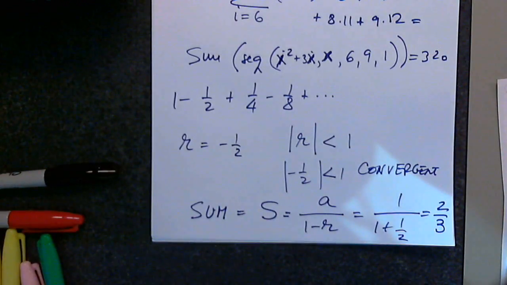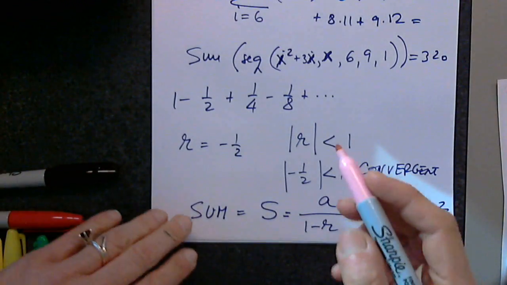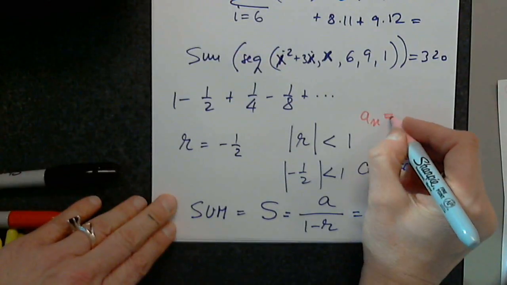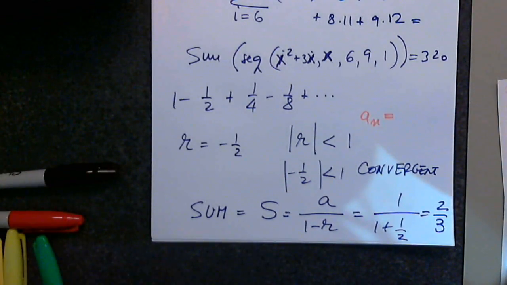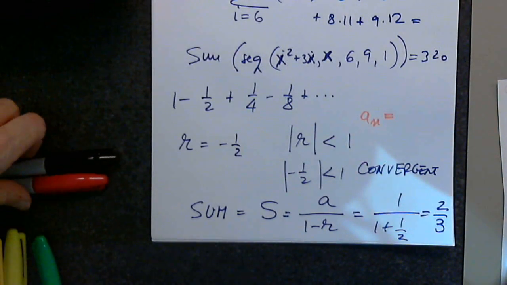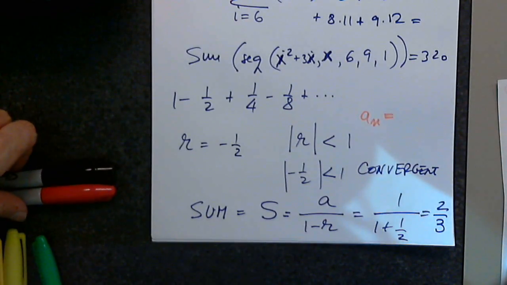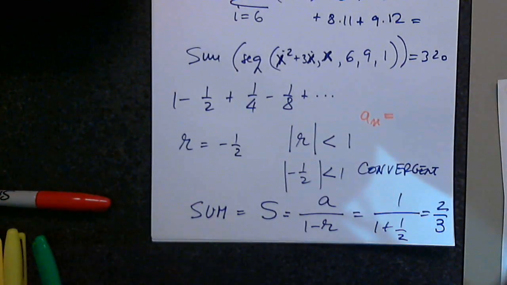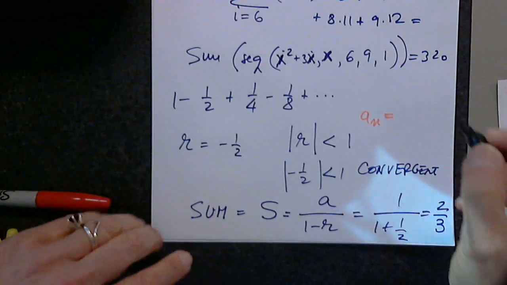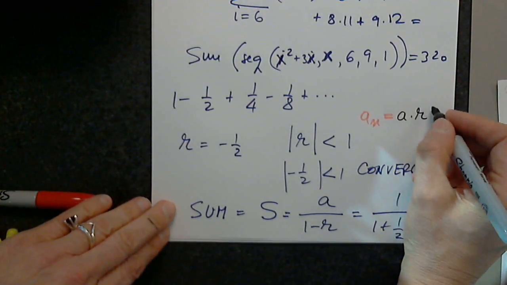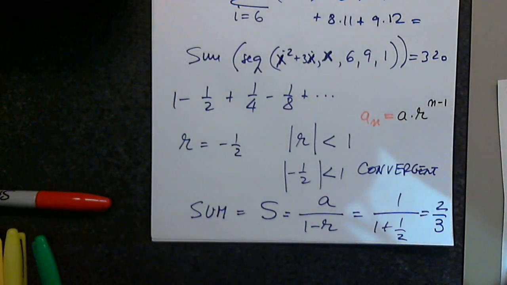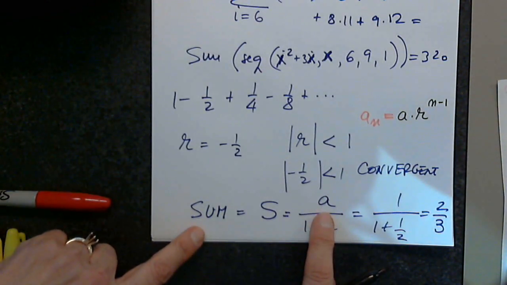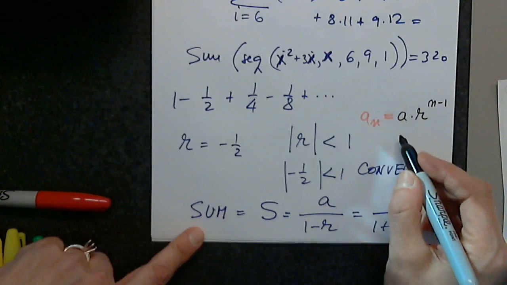Can anyone give us the nth term here? Remember, it has to be A multiplied by R raised to n minus 1. How much is A? 1.